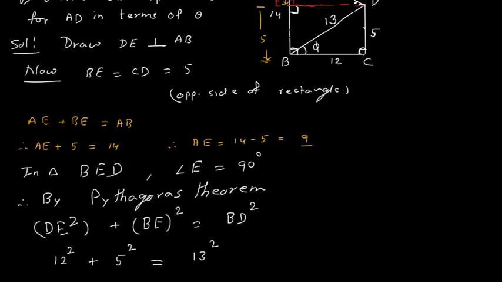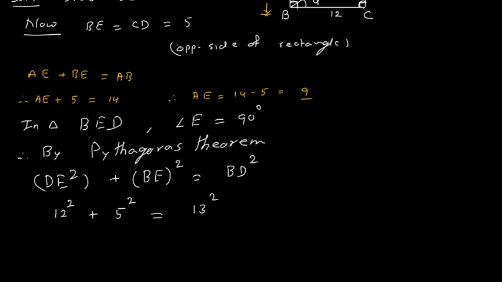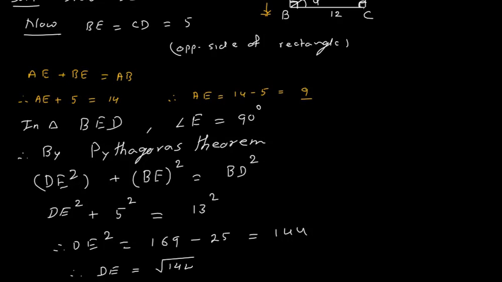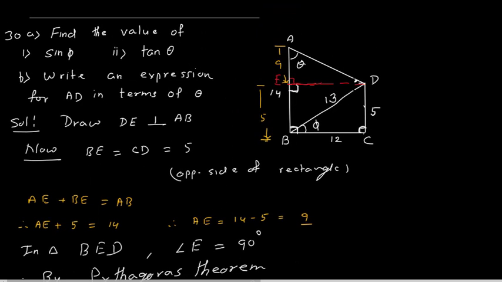One mistake: the 12 is the value of DE, so we will keep this as DE only. Therefore DE square is equal to 13 square, which is 169, minus 5 square, which is 25. So this becomes 144. Therefore DE is root of 144, which is 12. So here this value is 12.